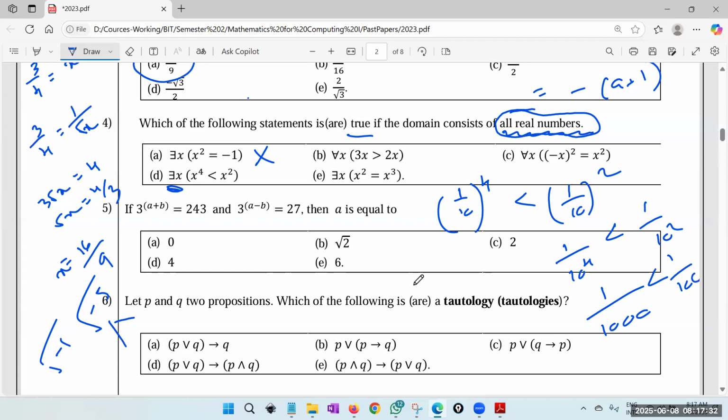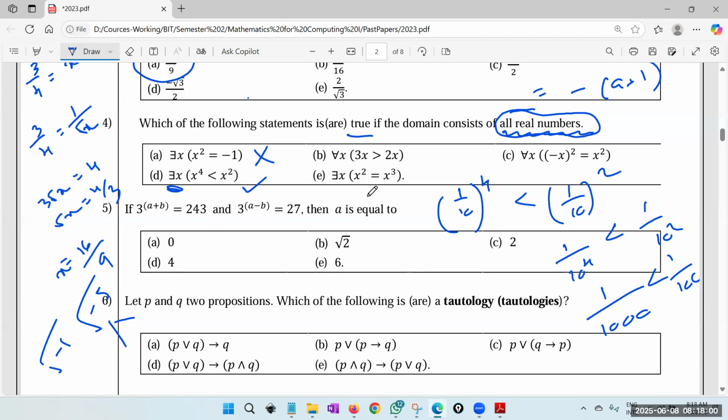So that is correct, right? Because 1 over 10 or 0.1 is a real number. So for me, it looks like for proper fractions, this is correct. Because 0.1 to the fourth power is less than 0.1 to the second power. So therefore, I'll take this. Okay. Is it clear? Right.